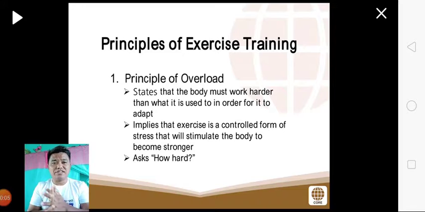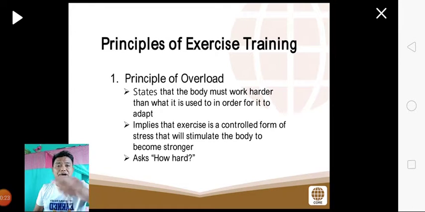So, listen carefully. It states that the body must be worked harder than what it is used to in order for it to adapt. It implies that exercise is a controlled form of stress that will stimulate the body to become stronger. Ask, how hard? Can I do this exercise? You should be able to do your planned exercises.